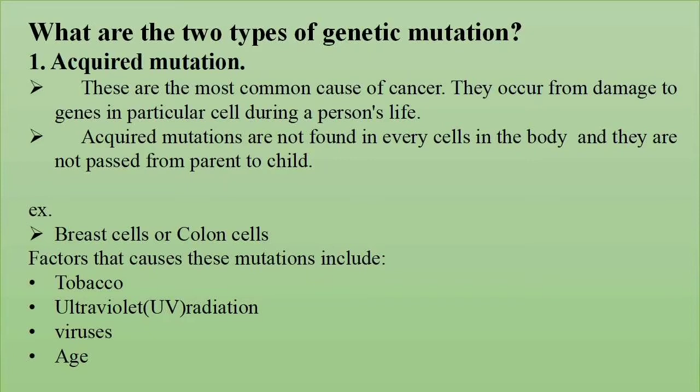It is a genetic change that occurs in a single cell after the conception of the individual, and the change then passes along to all cells descended from that cell. Acquired mutations are involved in the development of cancer. So, examples of acquired mutation are in the breast cells or colon cells. Factors that cause this mutation include tobacco, ultraviolet radiation, viruses, and age.